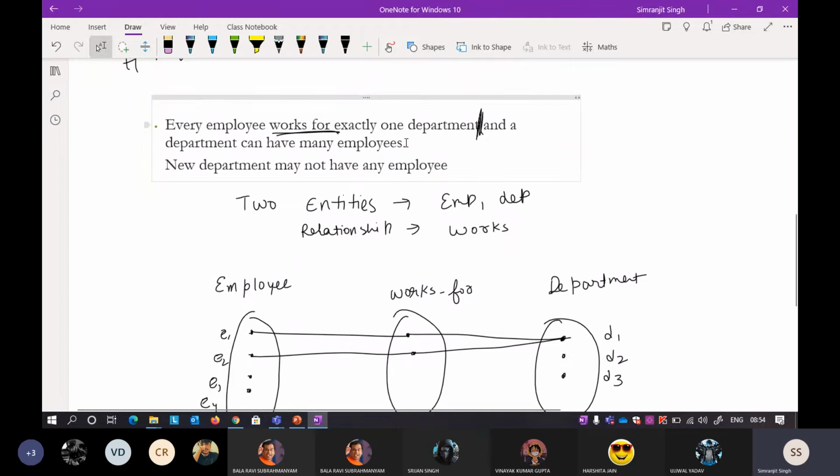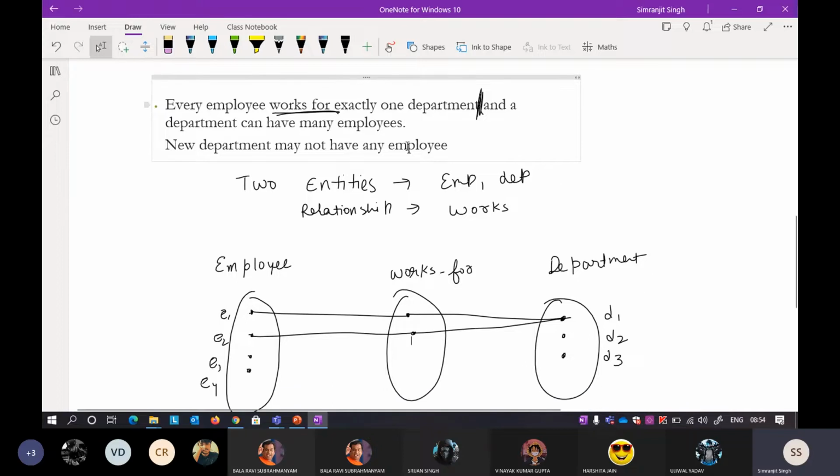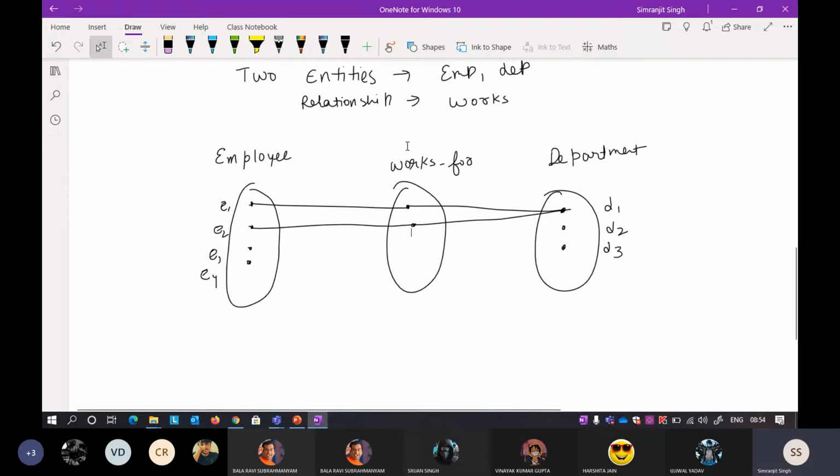If you take our logic, a computer science department has many employees, and every employee of Bennett University is working in a department. So every employee is working in exactly one department, and one department can have multiple employees, so that is also true. There is no problem in that.